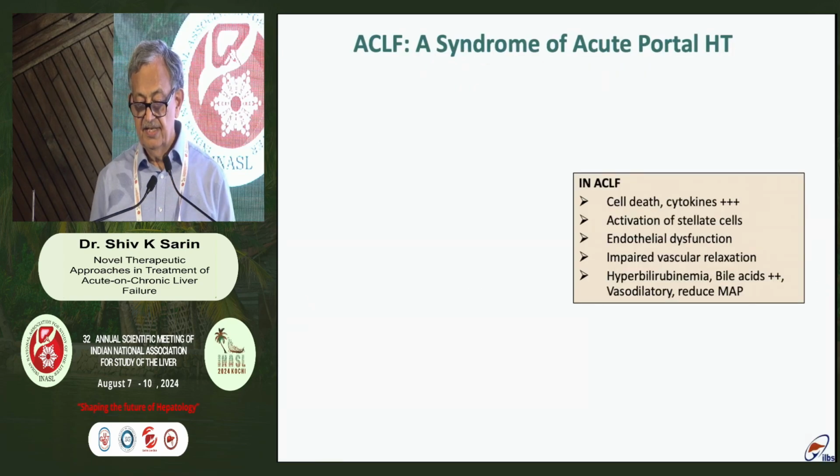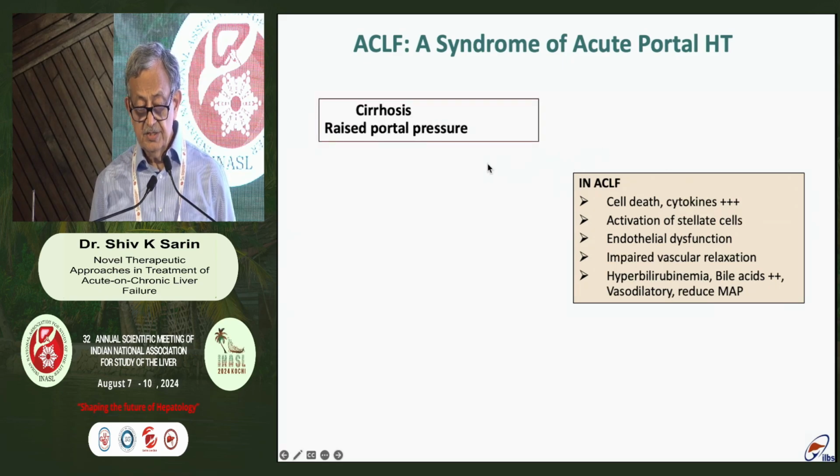Now in ACLF there is a massive rapid cell death with massive release of cytokines, stellate cell activation, endothelial dysfunction, impaired vascular relaxation mainly because of hyperbilirubinemia, high bile acids which cause vasodilatory effect and reduce MAP. So a patient with cirrhosis already has portal pressures of let's say 12, 15.